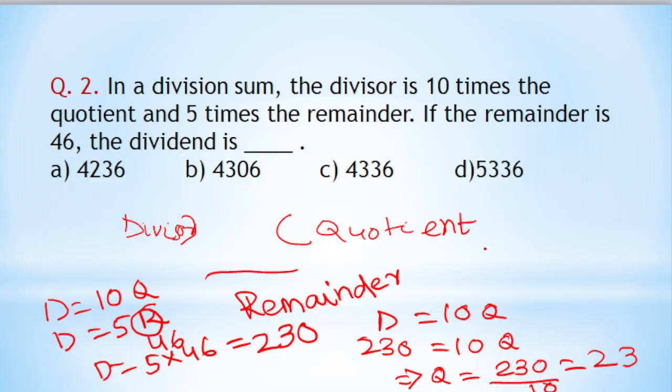So here dividend is equal to divisor, here divisor is 230, into quotient, quotient is 23, plus remainder, that is 46.